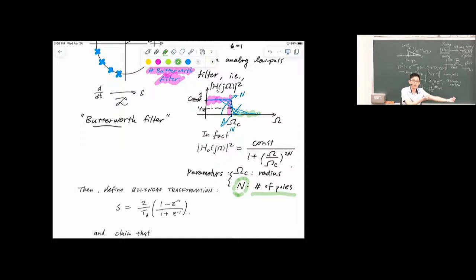We want to completely reject the stop band while completely preserving the pass band with equal gain. That's an ideal filter. So n is a nice thing to know. Depending on how fast you want the transition to be, you need to select the order of the filter. Okay, so that's kind of the motivation.